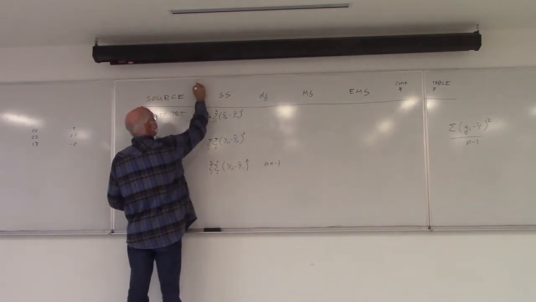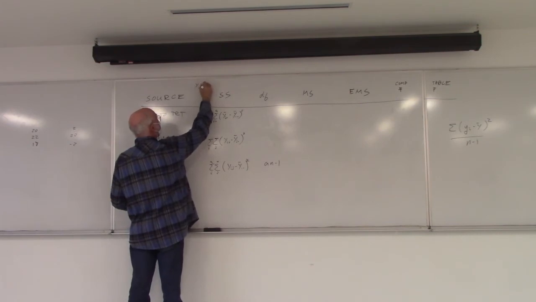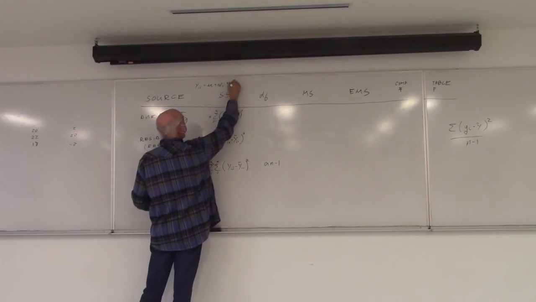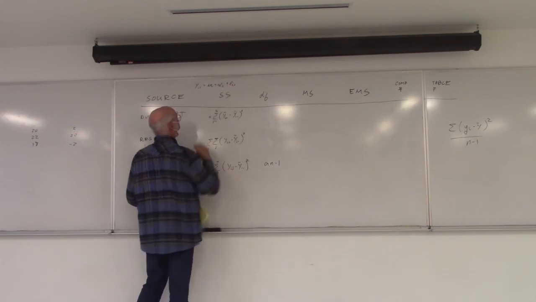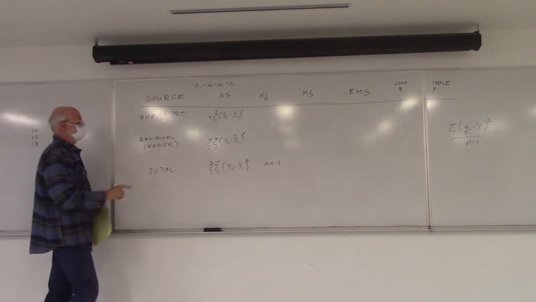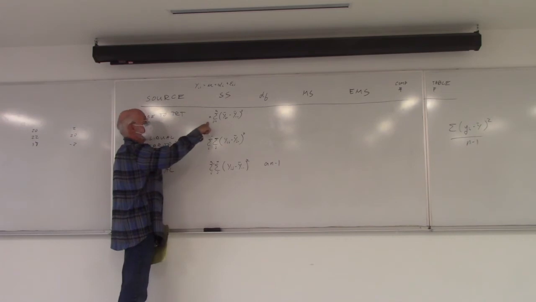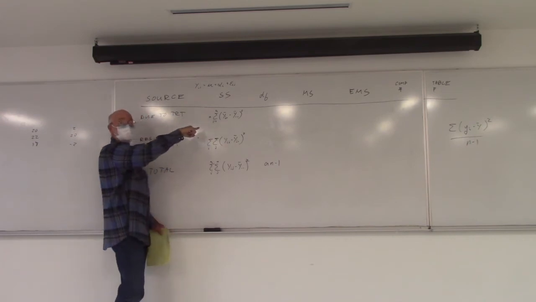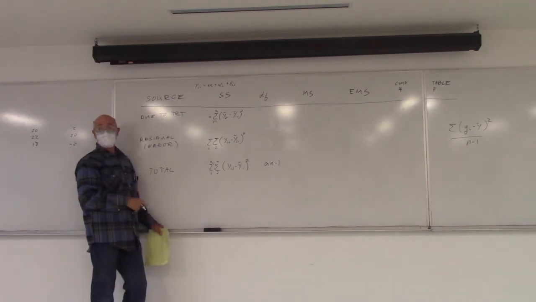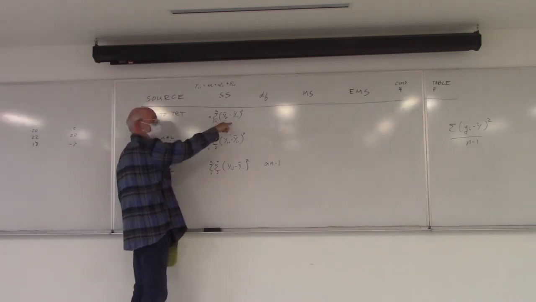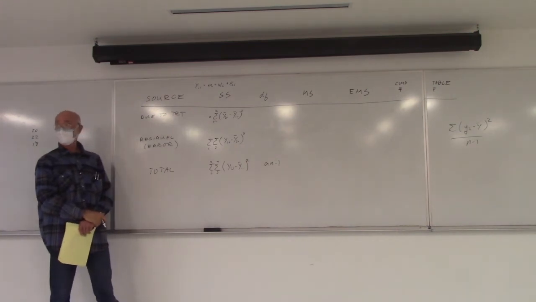The model is y i j equals mu plus alpha i plus epsilon i j. Here we're estimating mu. Go back to that little table we had up on the board, our parameters and our estimates. One of the parameters was alpha. That's what we're estimating right there. y i dot bar minus y bar dot dot is our estimate of alpha.